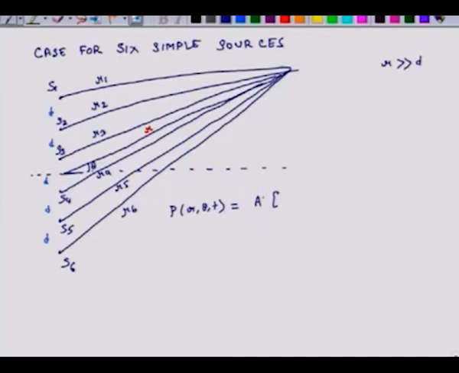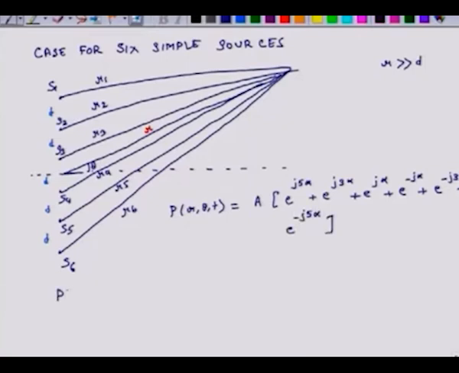So, that is the term A times a theta dependent term, which is essentially a sum of exponent j times 5 alpha plus exponent j times 3 alpha plus exponent j times alpha plus exponent minus j times alpha plus exponent minus j times 3 alpha plus exponent minus j times 5 alpha.